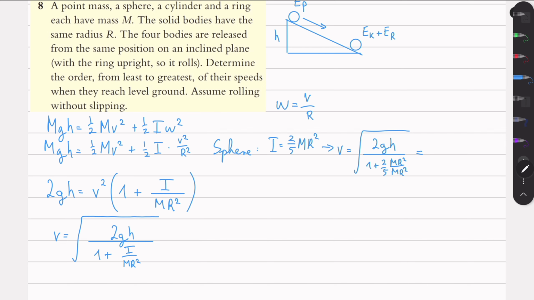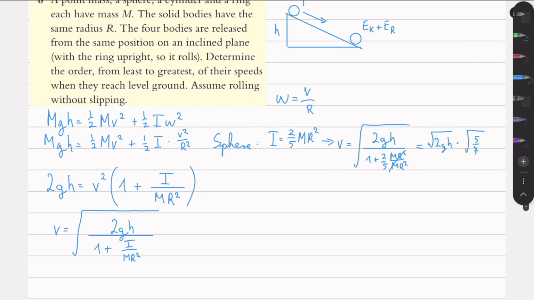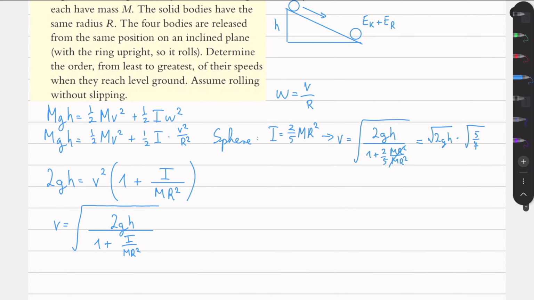So this will simplify to root 2gh times root 5 over 7, because these will cancel, and then we do 1 plus 2/5, which is 7/5. Since it's in the denominator, we can take the reciprocal. So we need to do the same for the other objects.